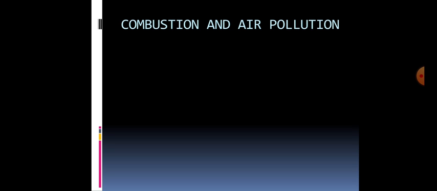Combustion and air pollution. Combustion, though it provides energy and heat, has some side effects on the environment also. When we burn some things, they produce some components which are harmful to our environment.